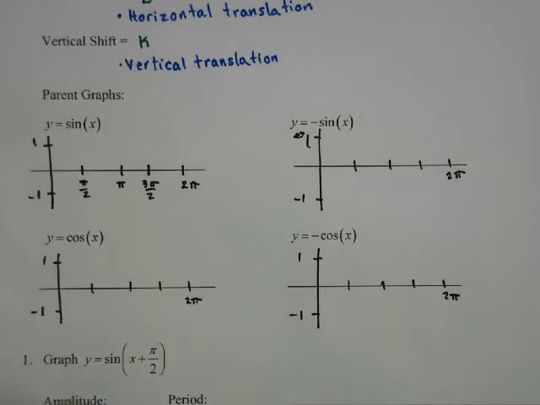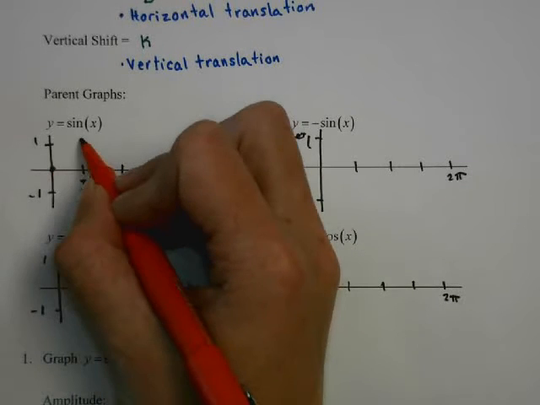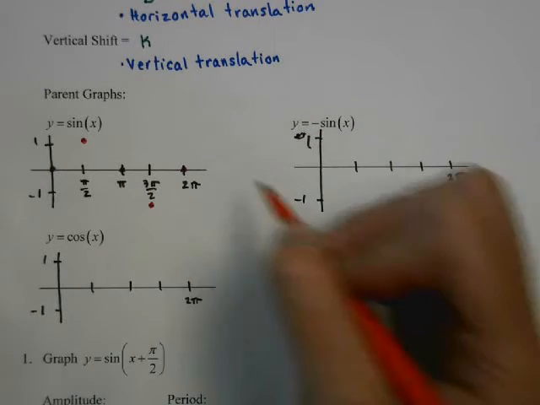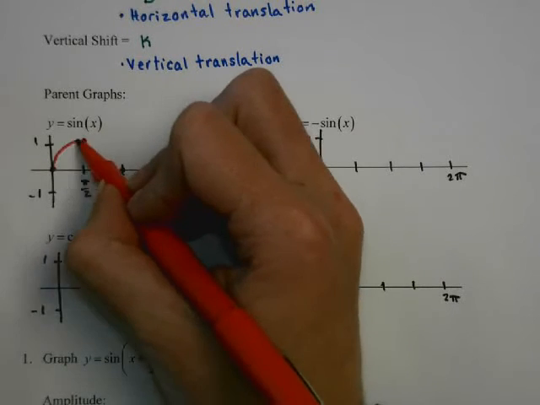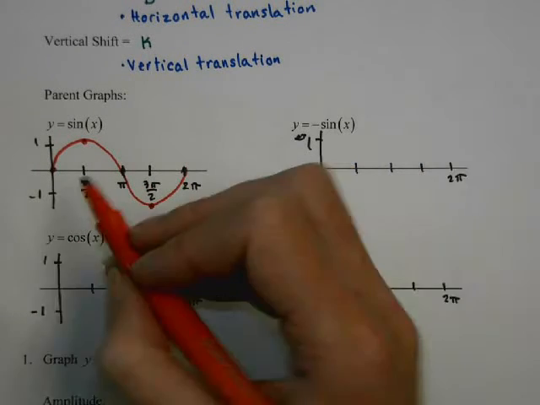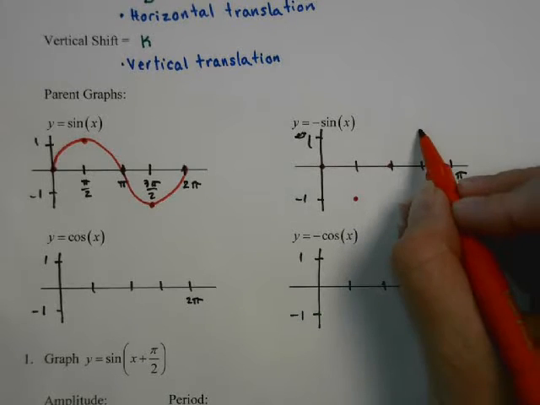So let's graph these 4. So we have 5 points for each of these, 5 critical points. Sine starts at the midline, goes up, midline, down, midline. Negative sine starts at the midline and then goes down first, then up.